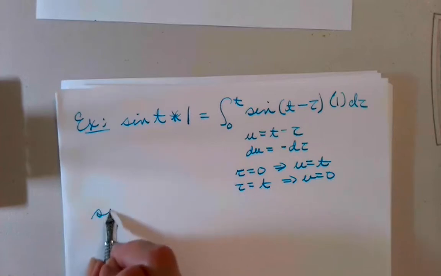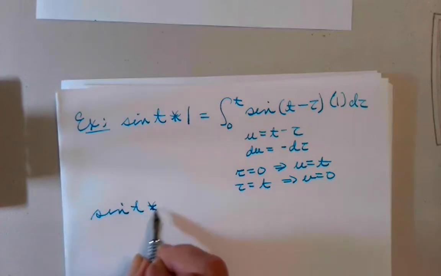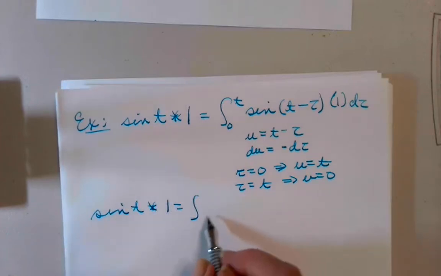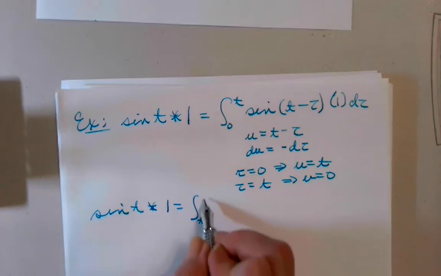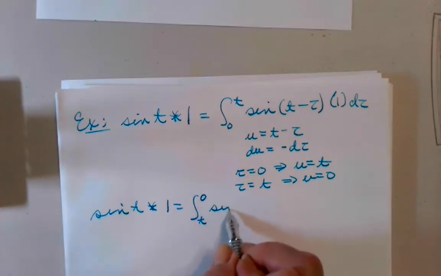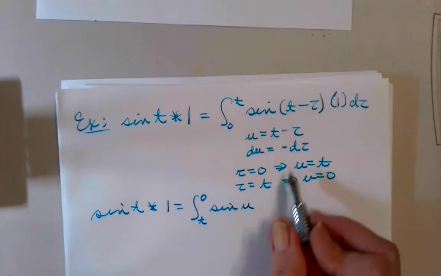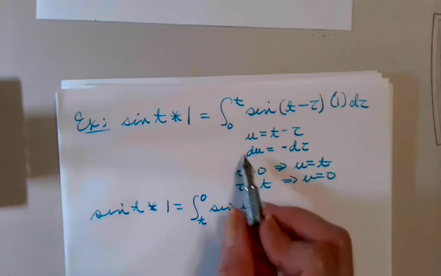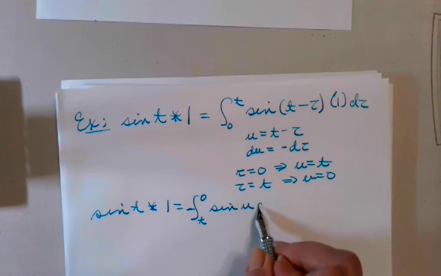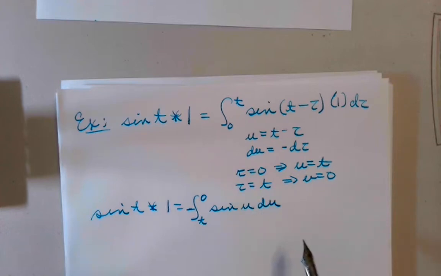So sine t convolved with 1 is equal to the integral from t to 0 of sine of u with a minus du, because d tau is minus du. Okay, so if you integrate sine, you get back minus cosine. And there's a minus sign out in front.